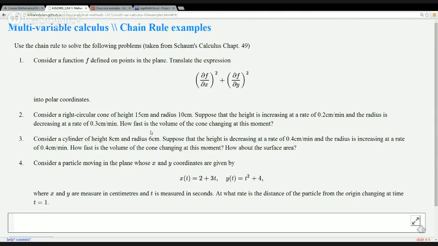Since in the earlier question we've already had the derivatives, we already know the connection of r to x and y, from the previous question.